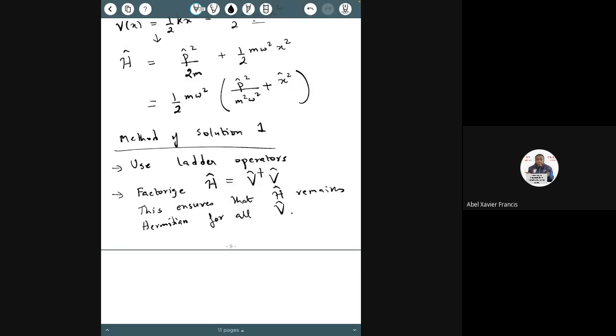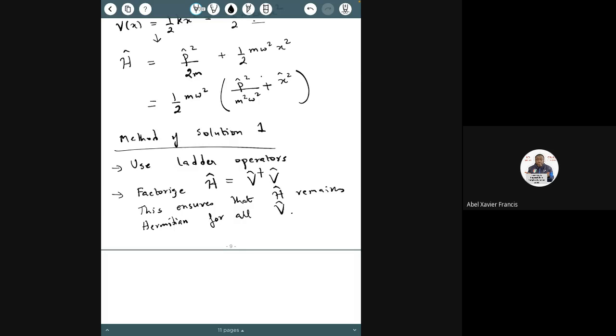And also it tells me that any Hamiltonian which is factorizable into V dagger V form is Hermitian. This is something we will do, and this will also help us solve the equation.